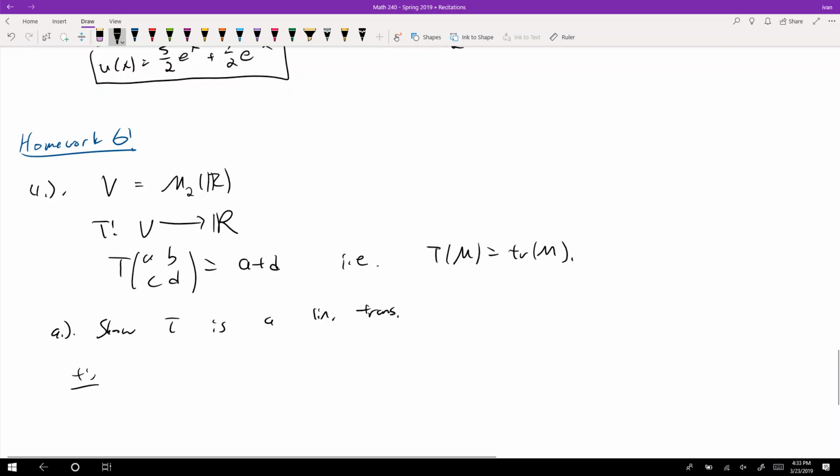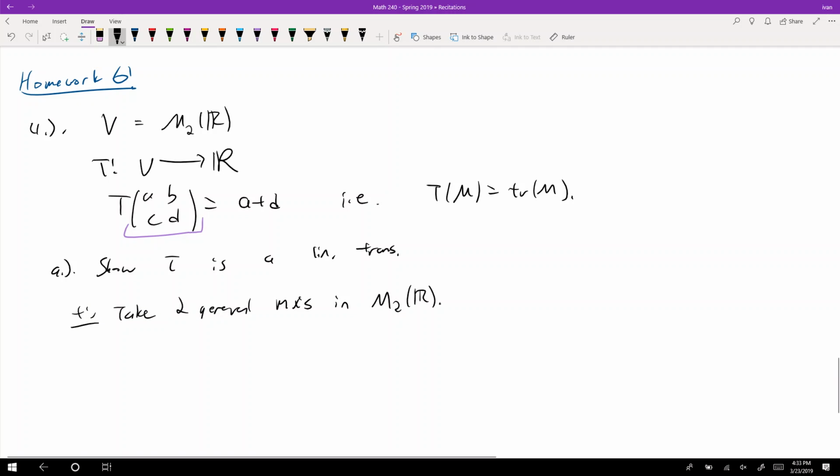We always choose general elements of our input, so take 2 general matrices in M2R, A, B, C, D and E, F, G, H, and we add them.